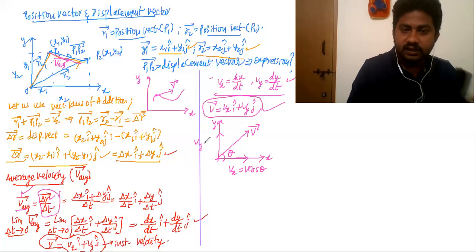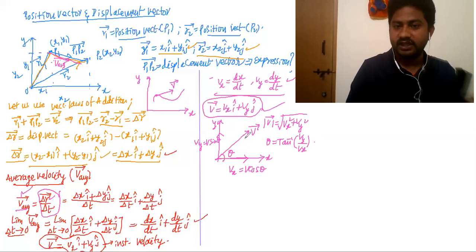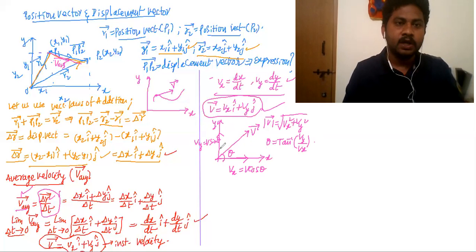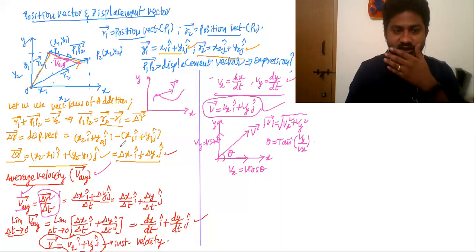What is Vy here? Can I say it is v sin theta? Yes. So the magnitude of this v bar I can write as the square root of Vx square plus Vy square. And the direction is theta equal to tan inverse of Vy by Vx. So that is the direction of this vector. So that's the instantaneous velocity vector and average velocity vector.